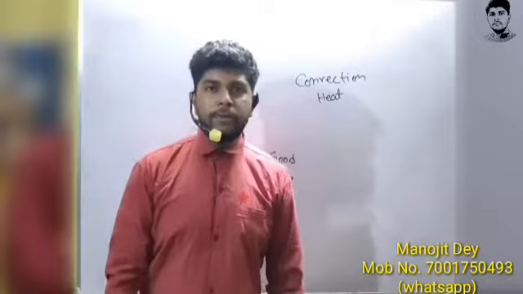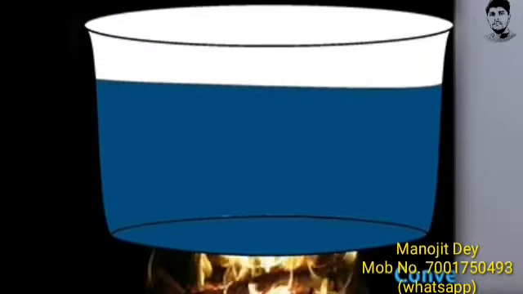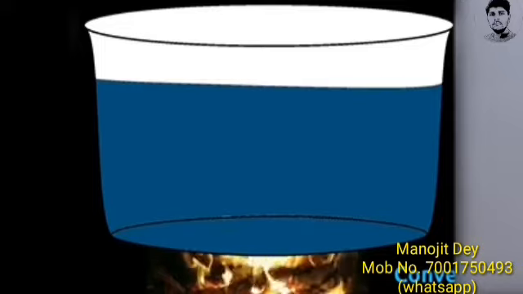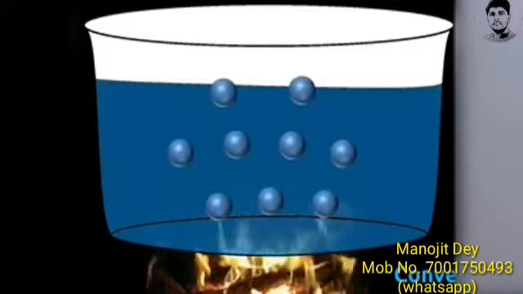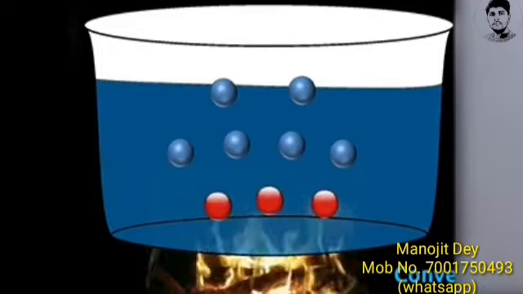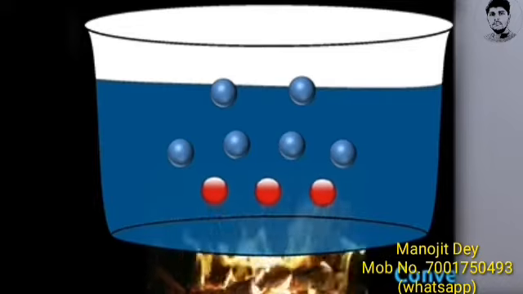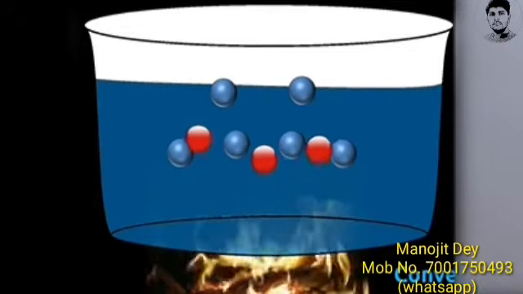Now if you look at your screen, you can see there is a beaker and it holds some water. Water has molecules. Now when we heat the beaker from the bottom, the bottom particles get heated, and when they get heated they expand.